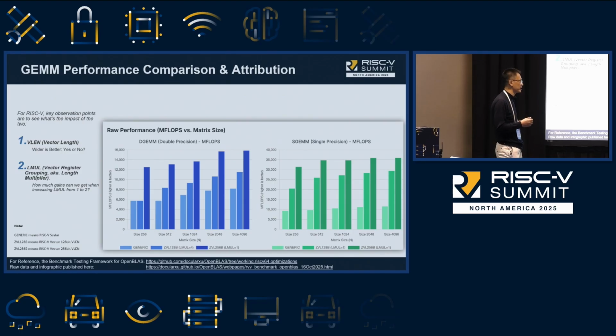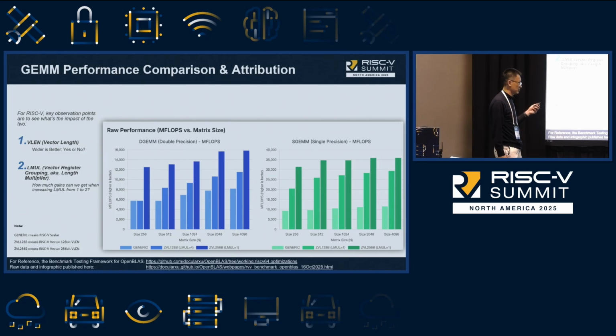For DGEMM, the vector length is doubled or quadrupled, so the MFLOPS should be doubled or 4 times as well. But in fact, it is not. That's where software tuning should kick in. You cannot rely on the compiler itself. You have to explore the other reasons why the processing unit is not fully doing its job.